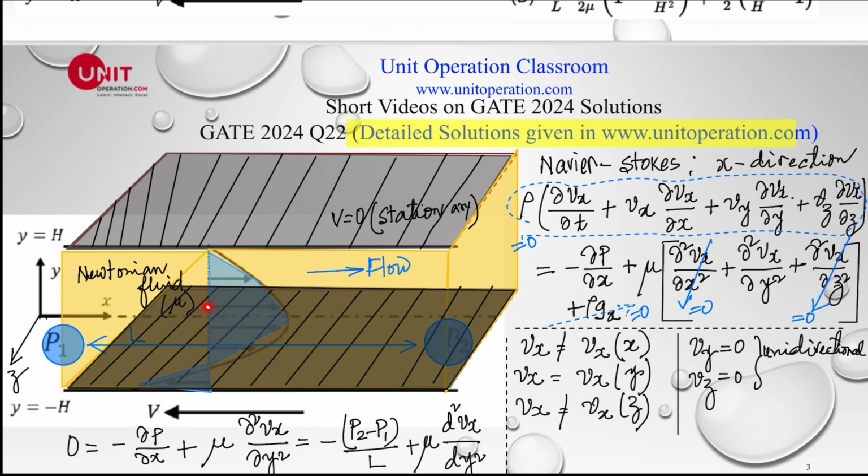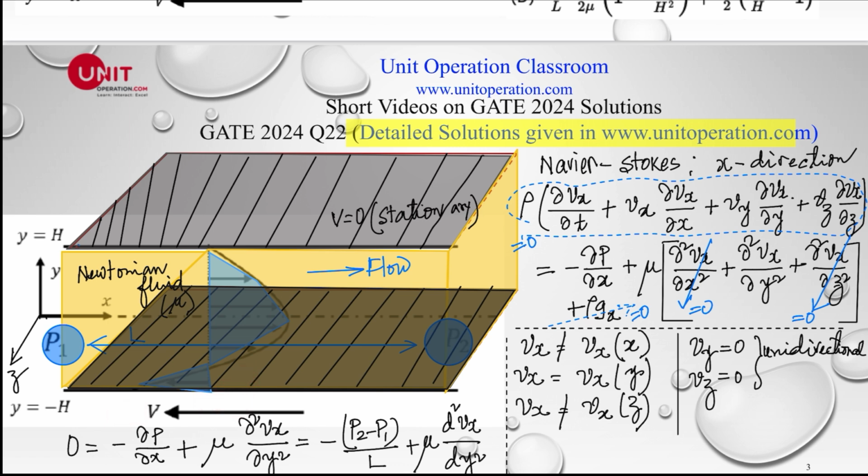Here the velocity is 0, and here the velocity is negative v because of the no slip condition. So in the y direction, the velocity Vx changes continuously from negative v to 0.